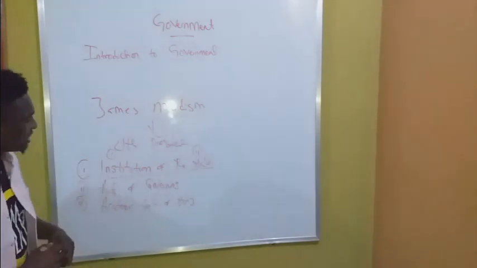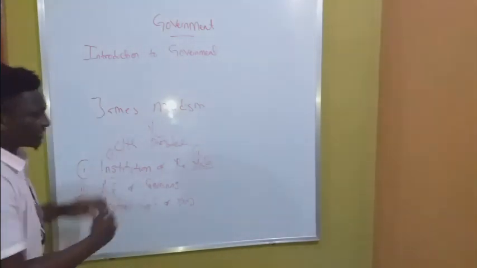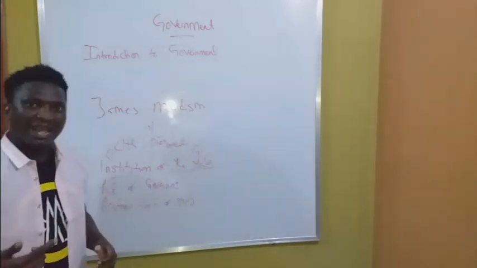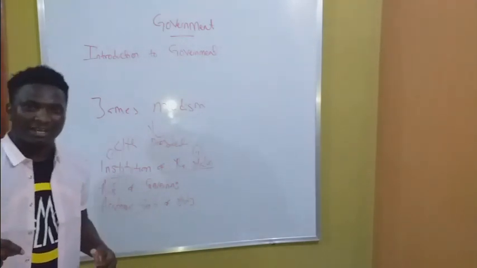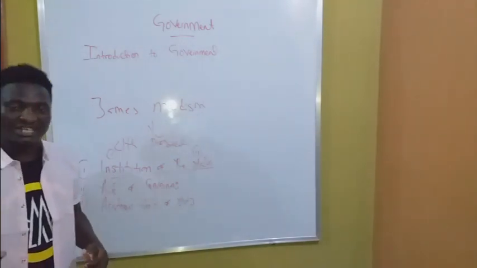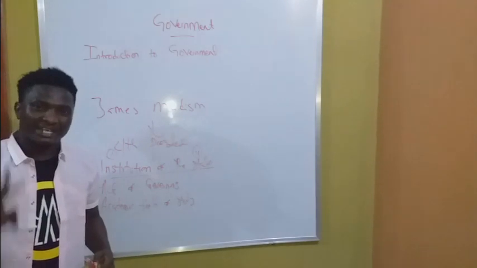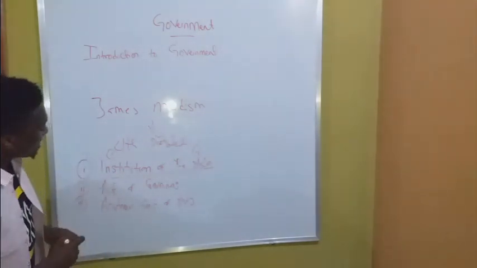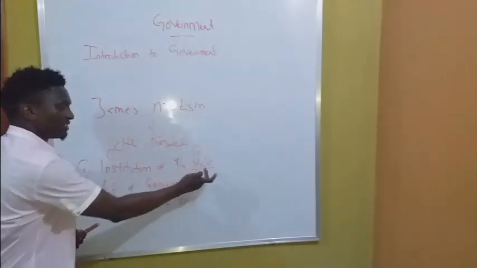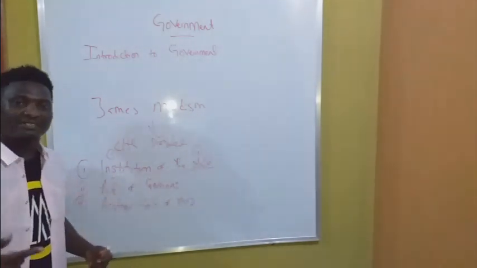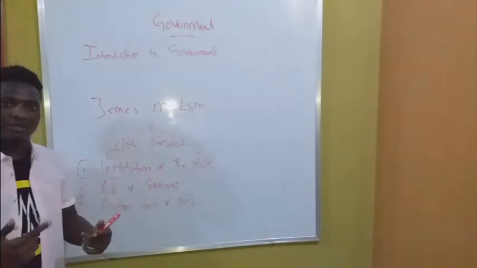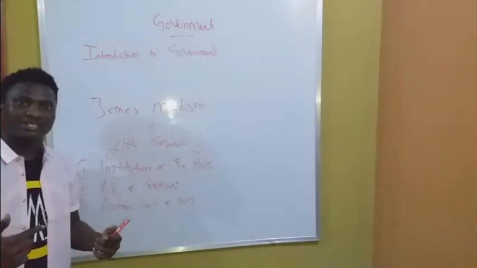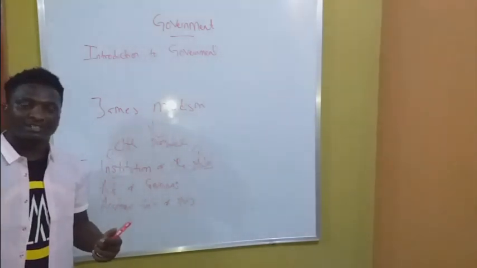And government as an institution of the state can simply be defined as the machinery through which the will of the state is formulated, expressed, and realized. I'll take that again. Government as an institution of the state is the machinery through which the will of the state is formulated, expressed, and realized.